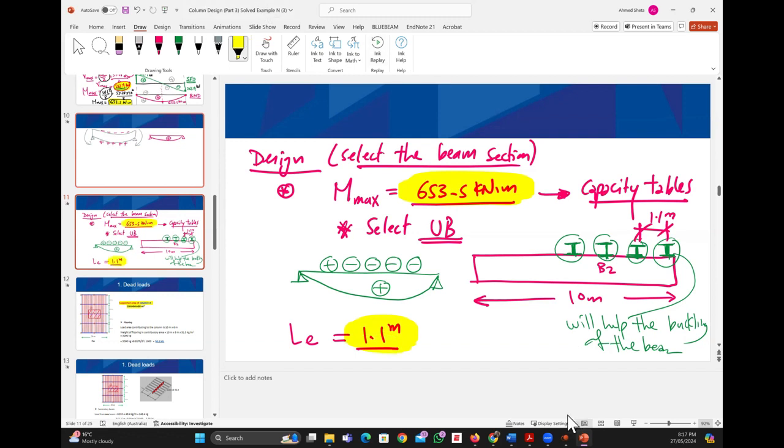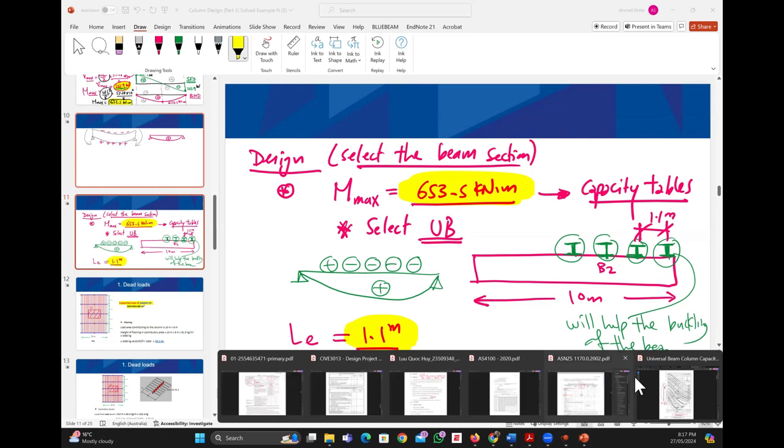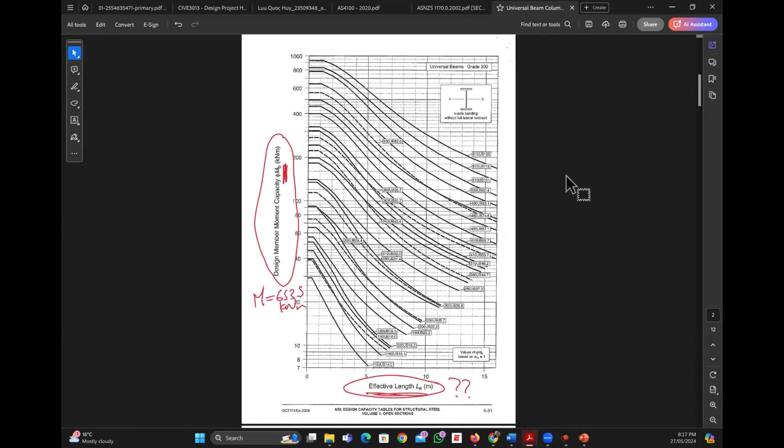So if I open the capacity tables again, if we look here, this is almost 650 something here. Okay, so I will draw a straight line.